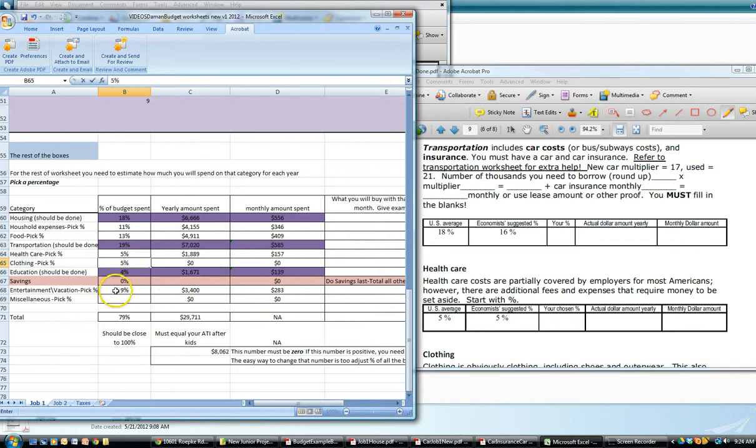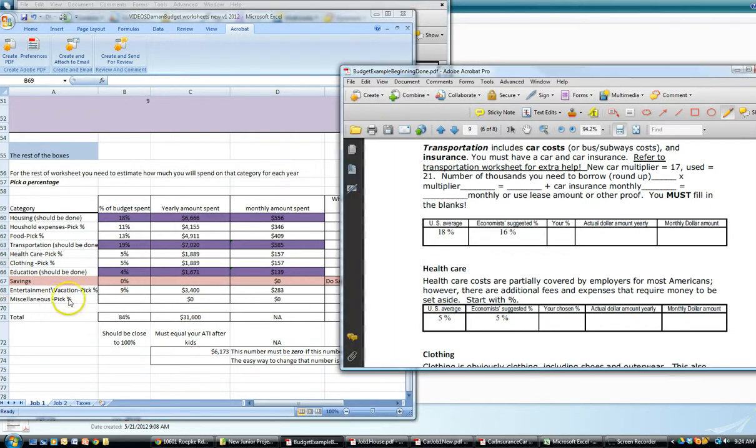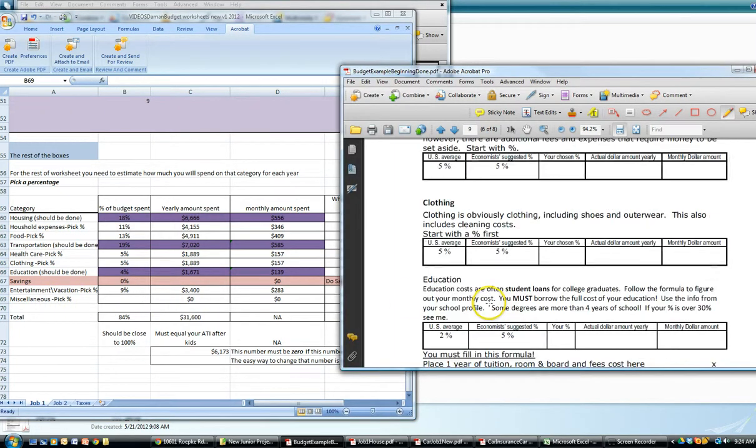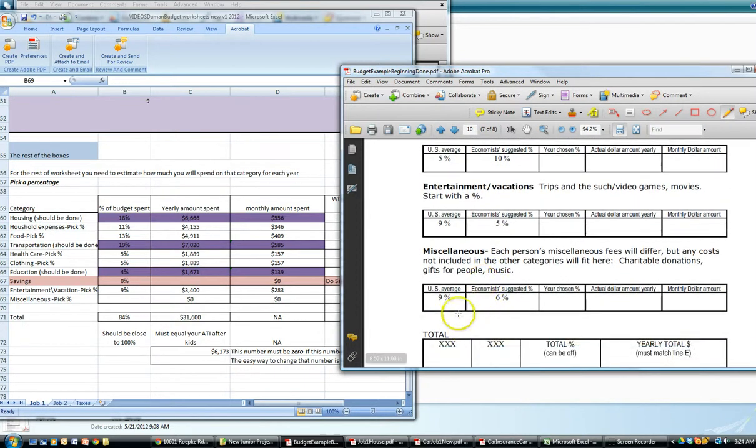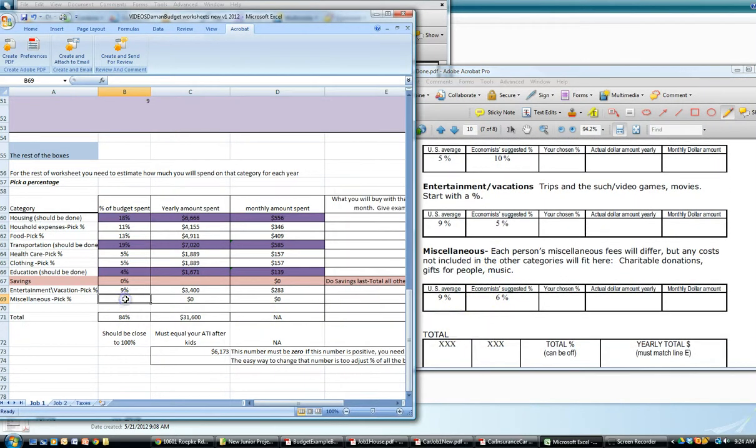Clothing, I'll just put 5 for now. And then I've already done 9% for entertainment. Okay, so I have 9, 5, and then miscellaneous. I will put 9%.